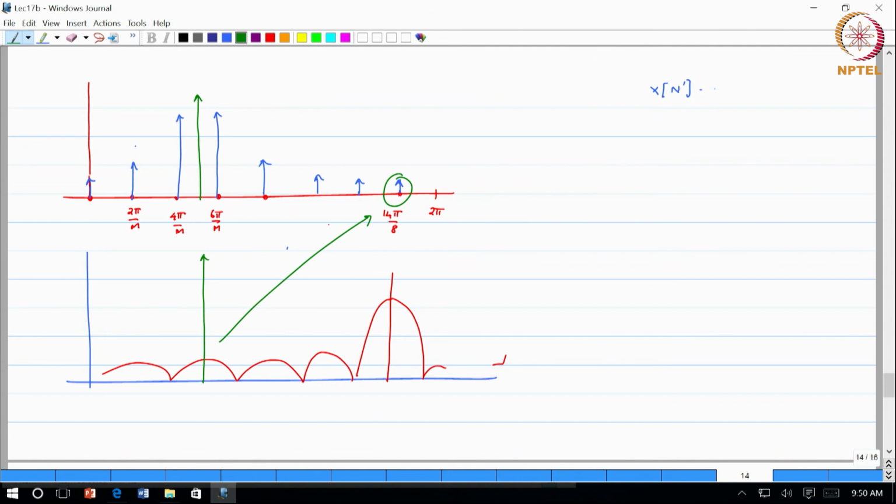So, one of the problems with the DFT is that if I have a tone in between two DFT frequencies, I will have non-zero components across all the terms, not just the ones nearby.